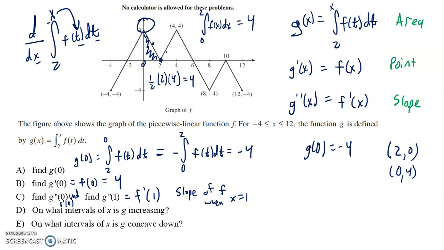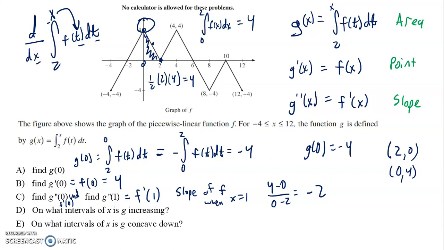I'm going to use this point and this point and find the slope going through them. So y2 minus y1, 4 minus 0 over 0 minus 2, would be negative 2. So the slope of this graph is negative 2, which means that g double prime of 1 is negative 2.